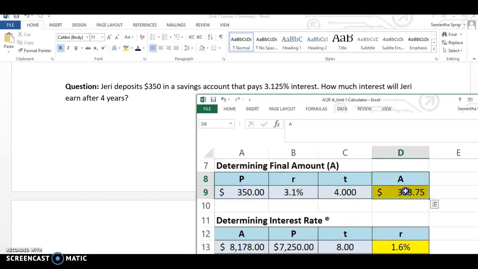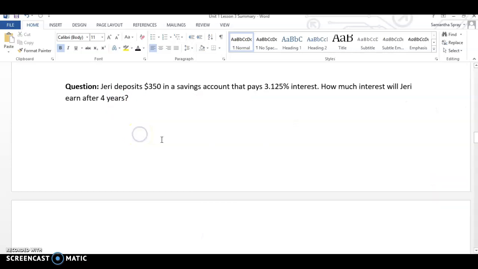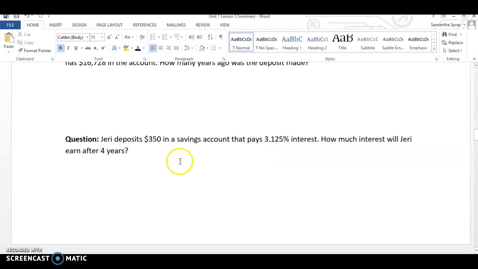After 4 years, he has $393.75 in his account. But we want to know how much interest, so I have to subtract the original amount. $393.75 minus $350 makes that $43.75.